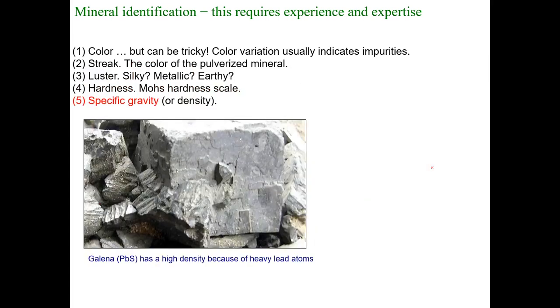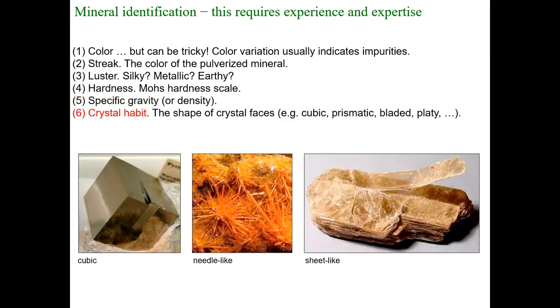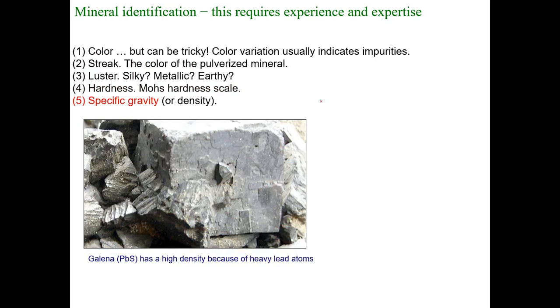Whoops, going back. Okay, specific gravity is the density of the mineral. Okay, some things are more dense, some things are less dense. Remember we talked about density being very important when we talked about Earth structure, right? So you'll find that the density of most rocks is somewhere between like 2.3 to 3.3 grams per cubic centimeter.